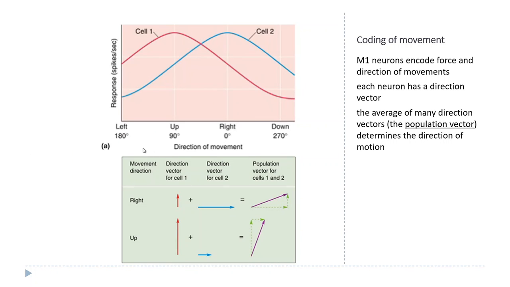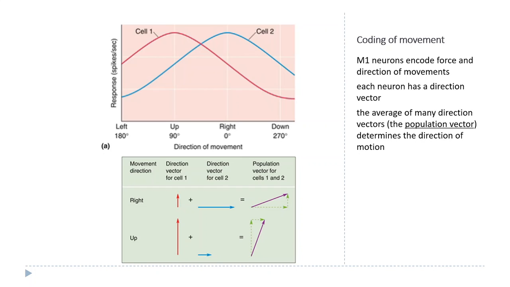But the idea is that a movement is made when all the neurons collectively add in their direction vectors, or fire at different rates given their direction vector, and that determines the actual direction of motion. The sum or the average of a bunch of different direction vectors from different neurons all firing together produces what's called the population vector.